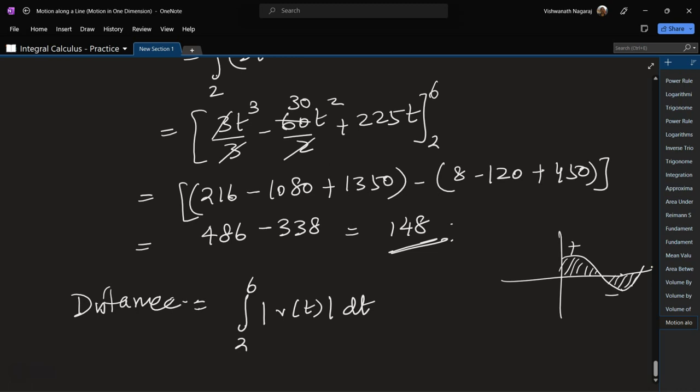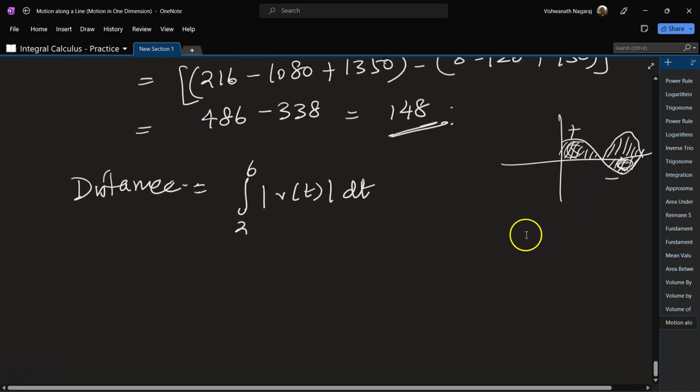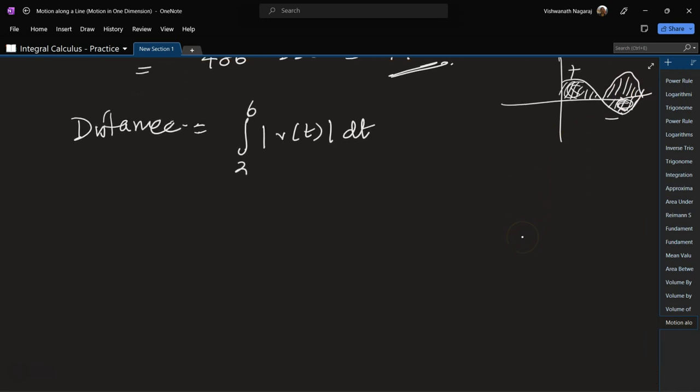When we are calculating the displacement, this area minus this area will give you the displacement. But when it comes to distance, we have to convert this into the positive like this. So this area plus this area without the negative sign will give us the distance. So that is why we have the absolute value.